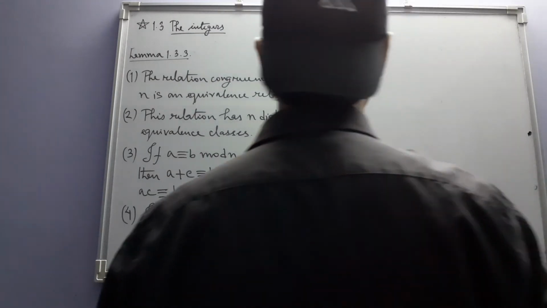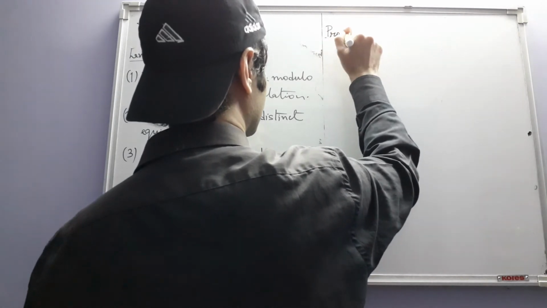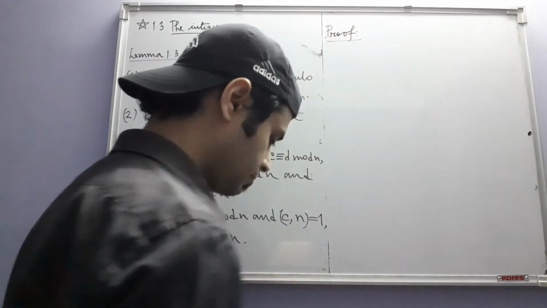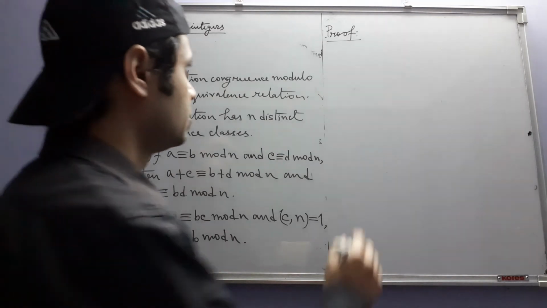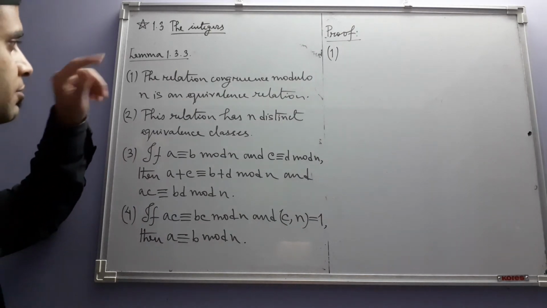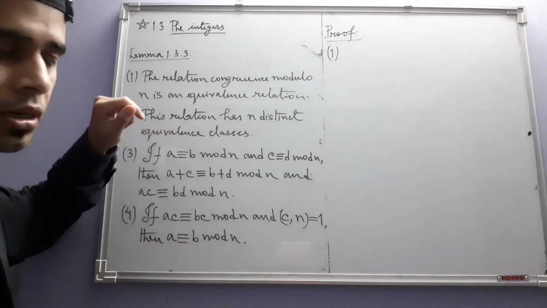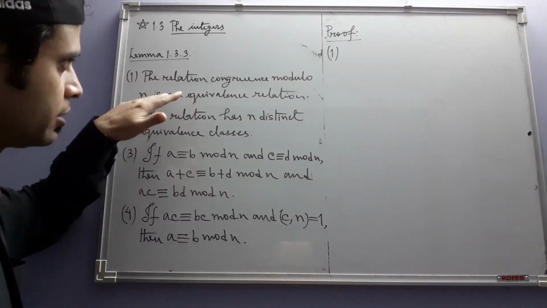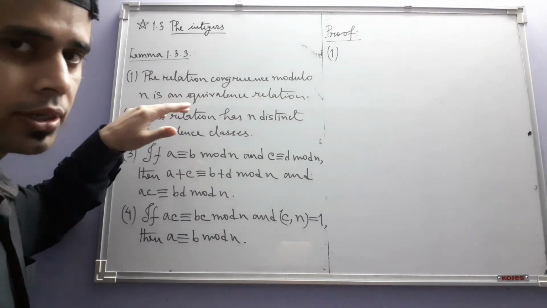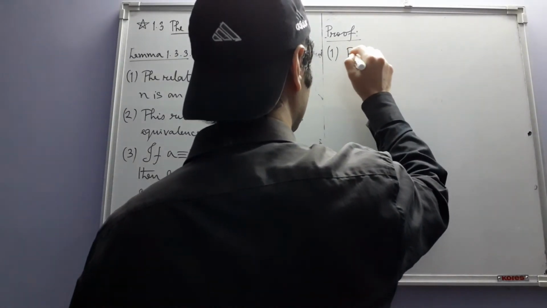So the proof goes like this. To prove the first subdivision, we have to show that the relation is reflexive, symmetric, and transitive.